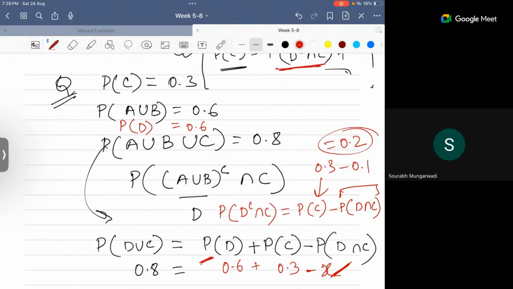No, I have taken A union B itself as D. That's why I've written the probability of D complement intersection C. You can see, right? Okay, got it. Yeah, this is fine. Any other doubt?